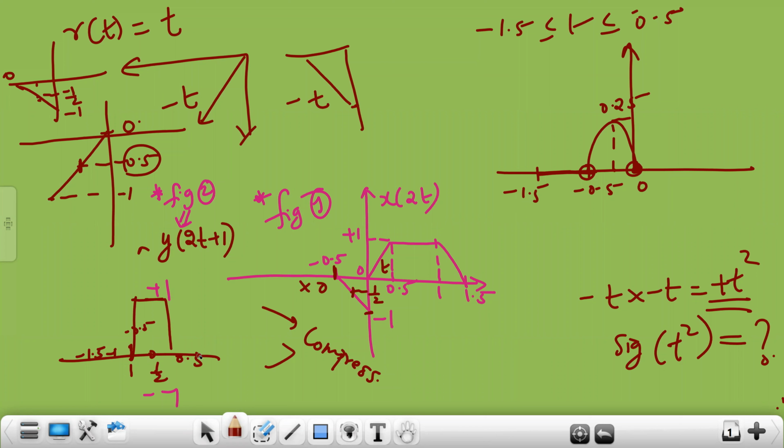Clear? We just check the two graphs, figure 1 and figure 2. I have already rubbed that figure 1, so I'm not able to show it. You just check in your answer sheet, your rough note, lecture note, figure 1, how it is having during 0 to 0.5, what is the signal that you have in figure 1? Can anybody please respond?